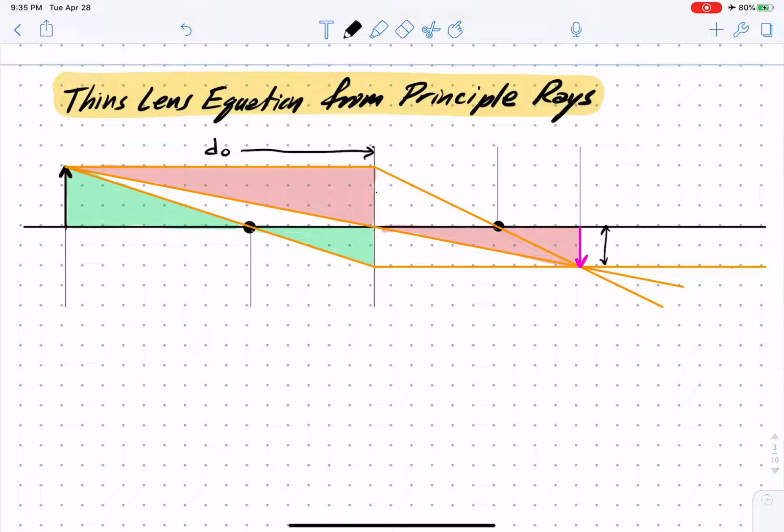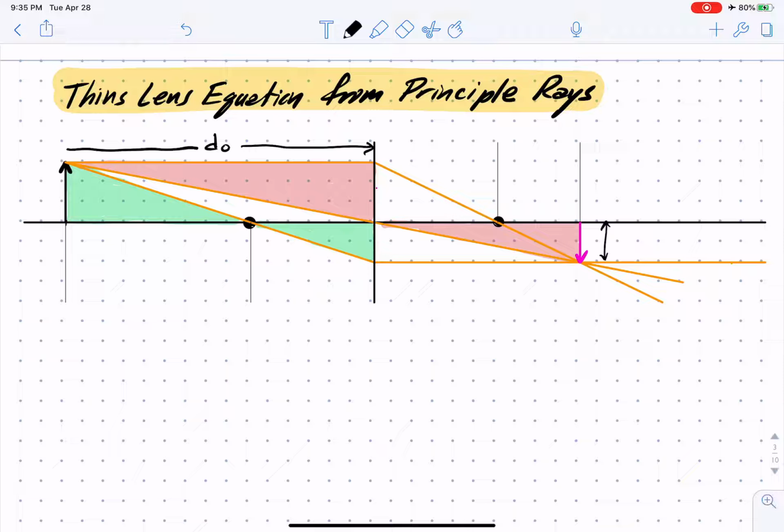This is the lens, right? The object's over here, and the image is over there. So we know that this is the object distance. This is the image distance. This is the focal length. And this is the focal length.